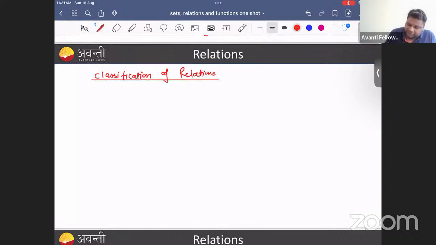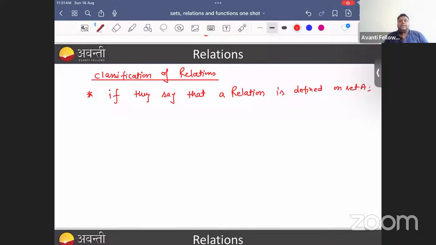Before understanding classification, I'll explain one line. If in any question they say that a relation is defined on set A, that means that relation is a subset of A cross A. Got it?